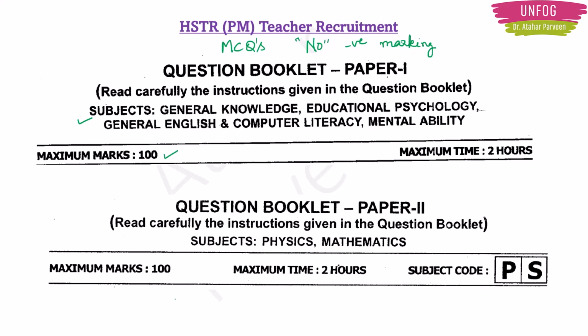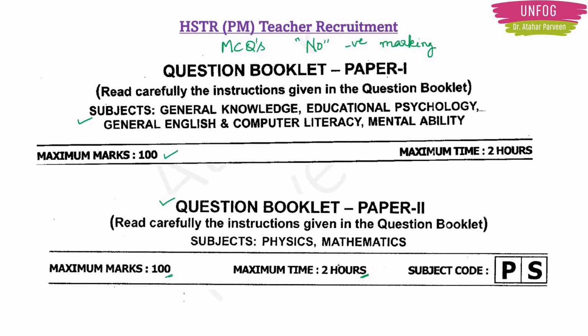Now coming back to our exam pattern. The first paper was paper 1, which I told you about. Next will be paper 2, which will be a subject specific paper. If you are a PM method aspirant, you will have physics and mathematics. If you are a CB method aspirant, you will have chemistry and biology. This paper also will have 100 marks and a maximum of 2 hours, and it will also be an MCQ based, objective examination.